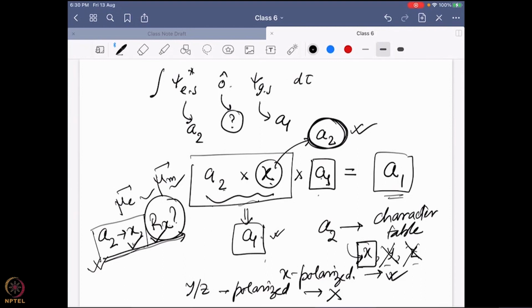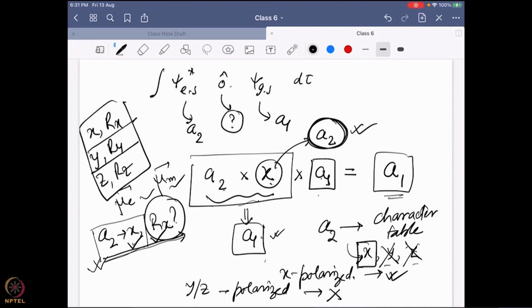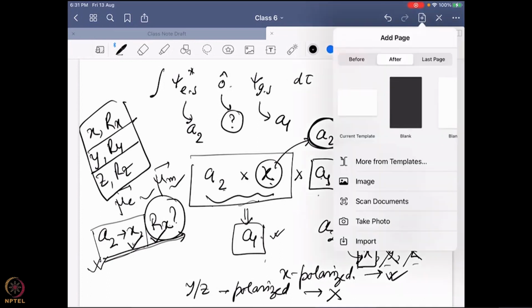So altogether, what our main goal is to find is: are X and Rx, Y and Ry, and Z and Rz staying together in the same symmetry representation in a character table or not? That is the main thing we are trying to find out, in a nutshell.